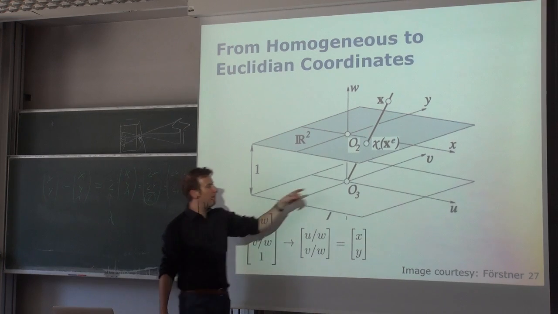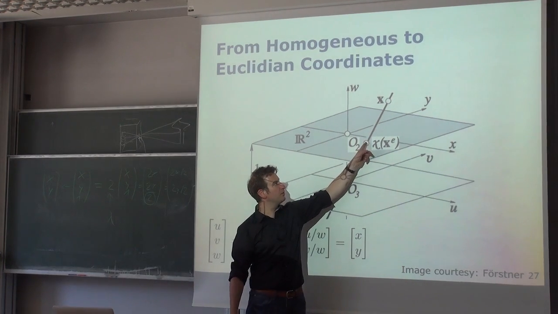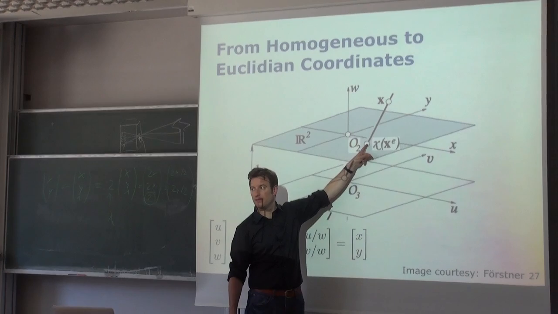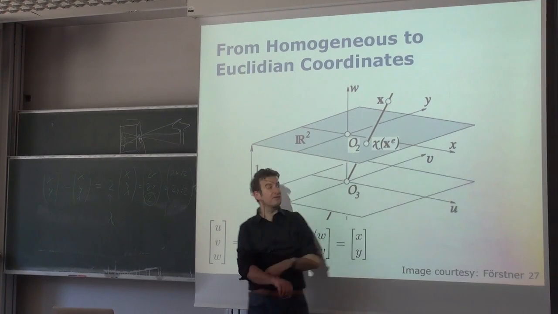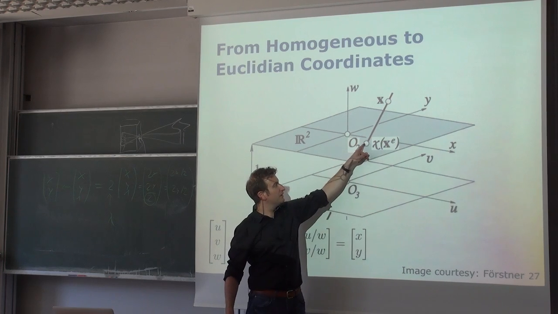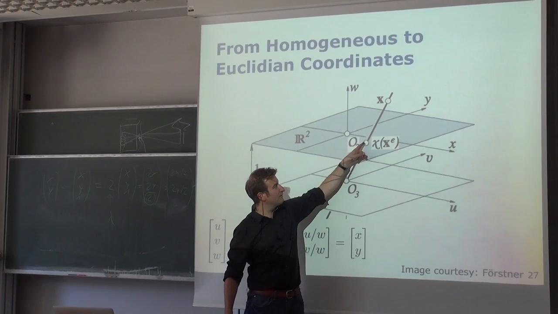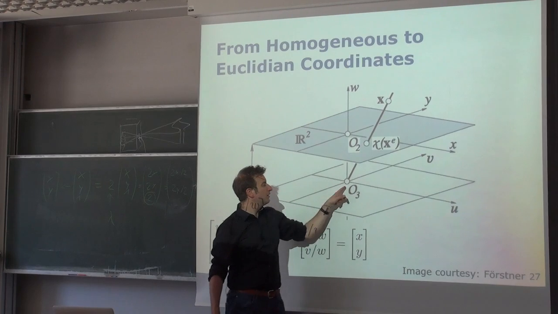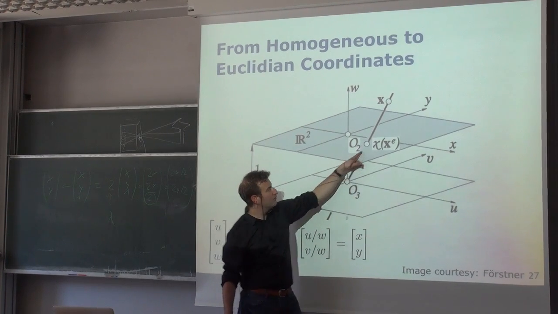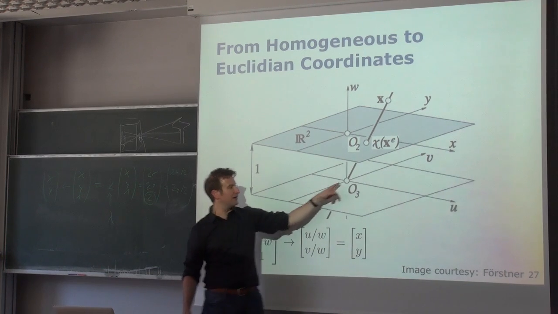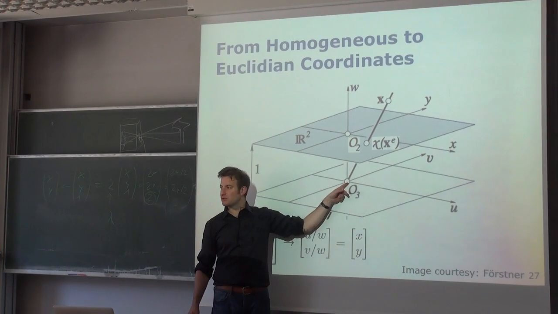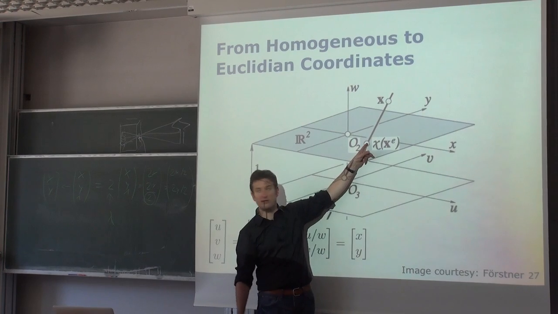And a point in the Euclidean world with x and y, so here's an E for Euclidean because the figure used a slightly different notation. But what I wanted to say is that this point in the 2D world corresponds to this line in the 3D world. It's a line which starts at the origin and passes through this plane.